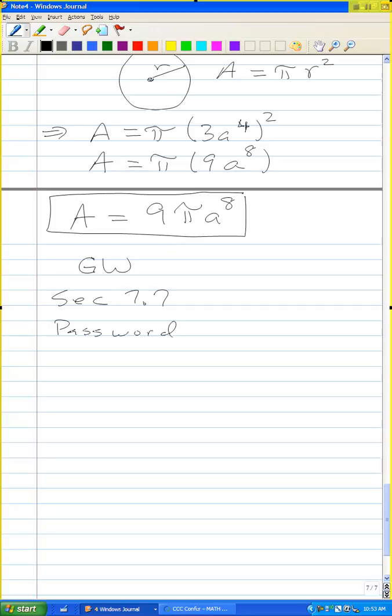I didn't give it a password. Wait one second. Okay, the password is solve rational equations.